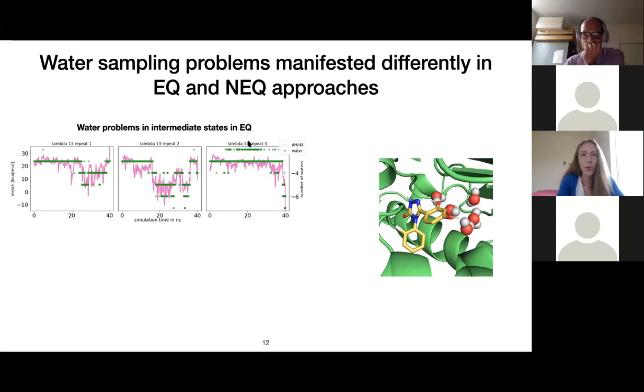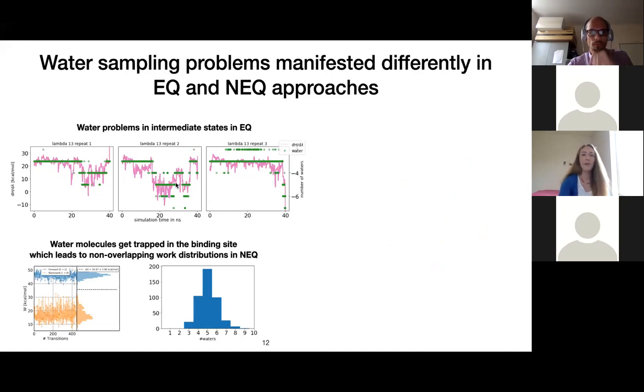Here I'm showing you, again for one of these intermediate lambda windows, the correlation of the dH/dlambda with the number of water molecules in this buried space. You can see that in this case, it took up to 40 nanoseconds for more water molecules to enter the space, while in others that happened earlier in the simulation. So that again led to a high standard deviation.